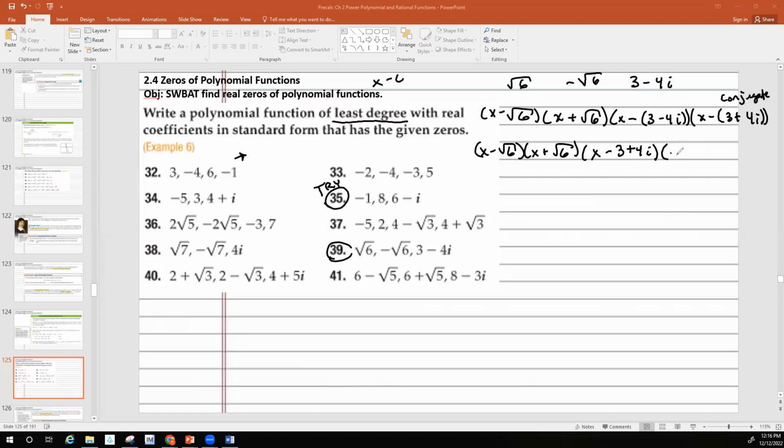Distribute that negative. We get x minus 3 minus 4i. All right. Now I'm going to do the x minus 3 plus 4i times x minus 3 minus 4i over here.